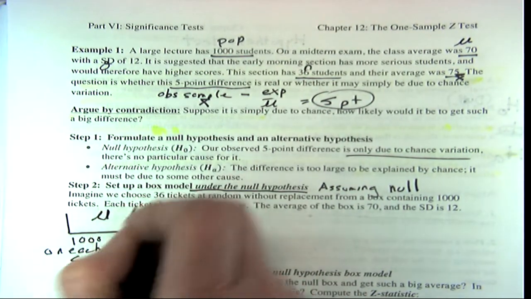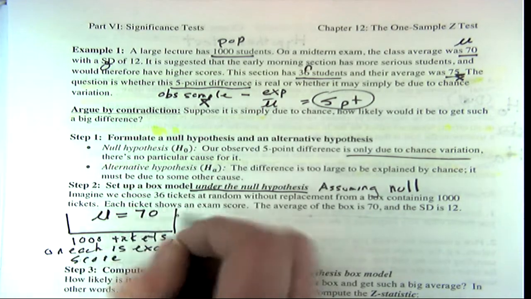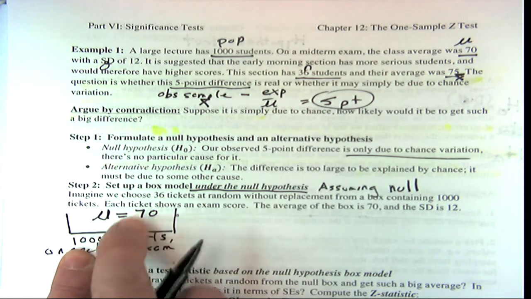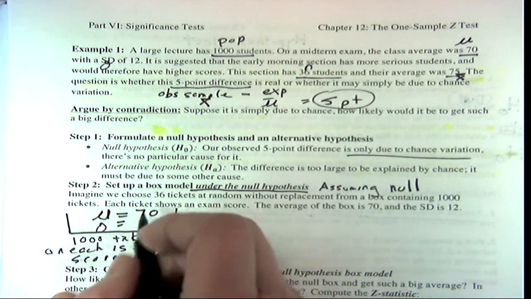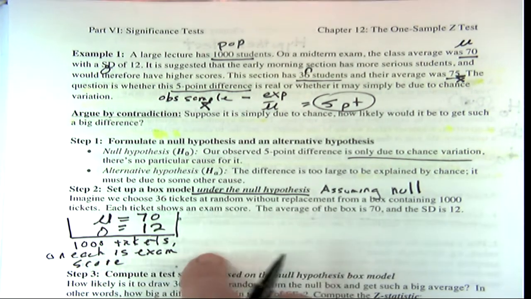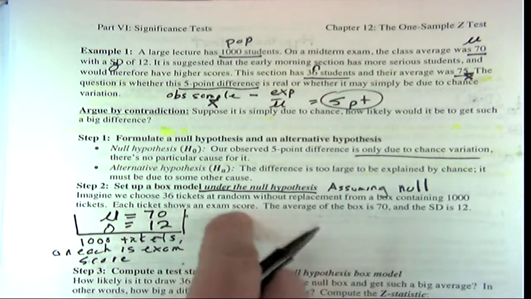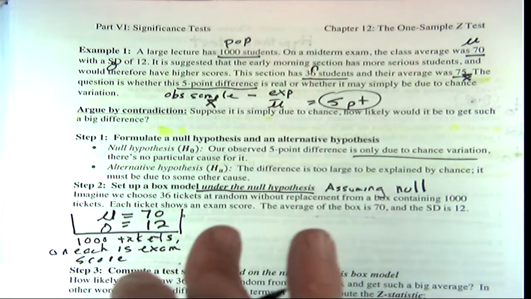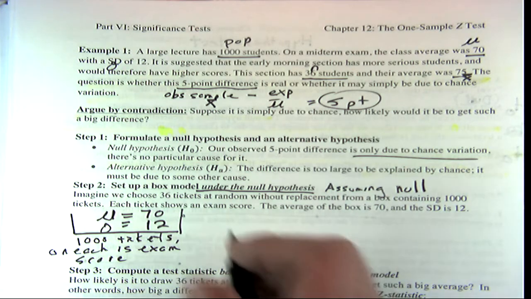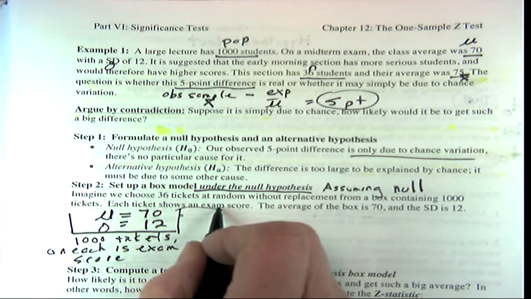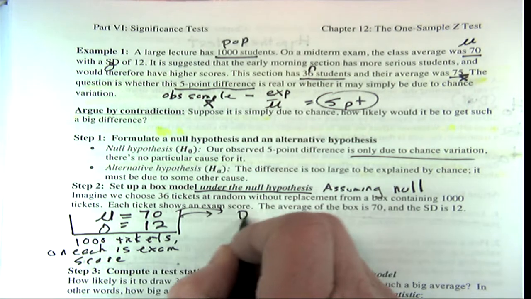So we know in this case that the 1,000 students had an average of 70, and that sigma was 12. And now let's just assume this is true to see what our typical chance variation would be.